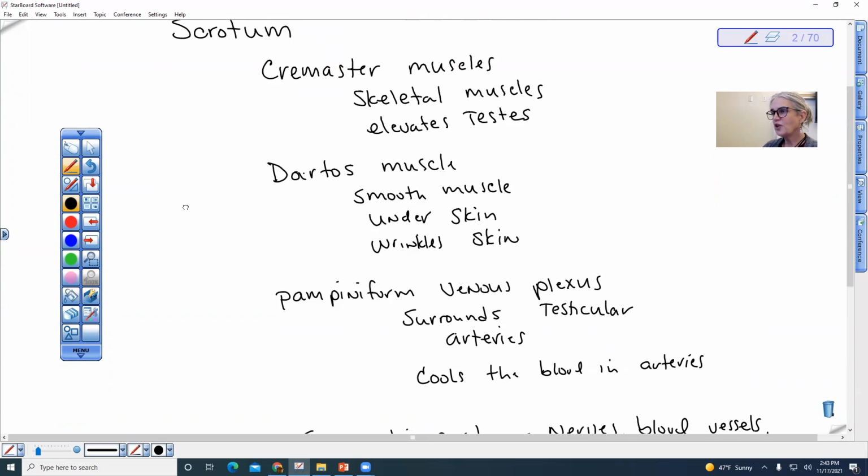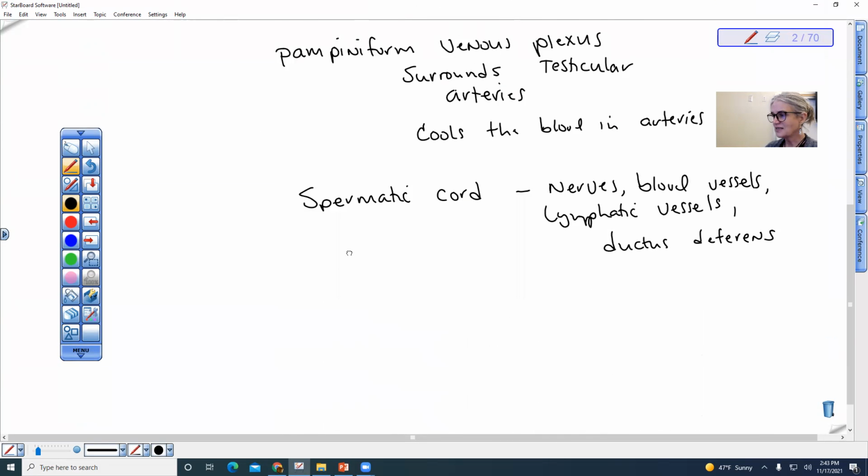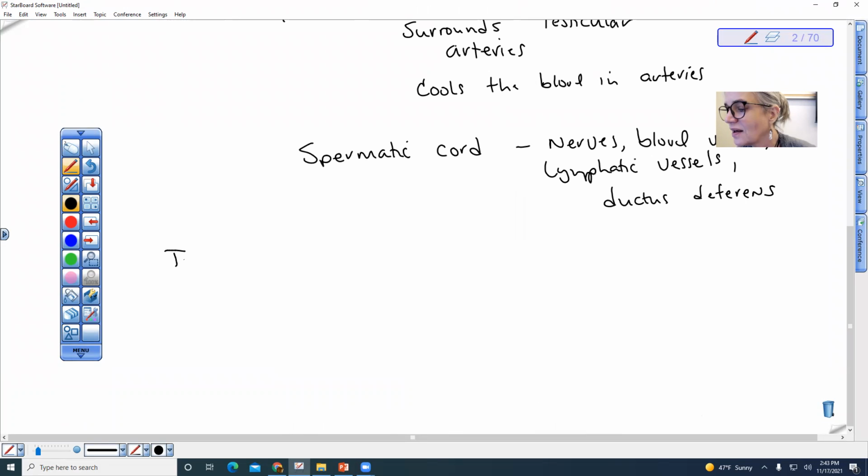Okay, so when we look at the testes themselves, they have in them what are referred to as seminiferous tubules.